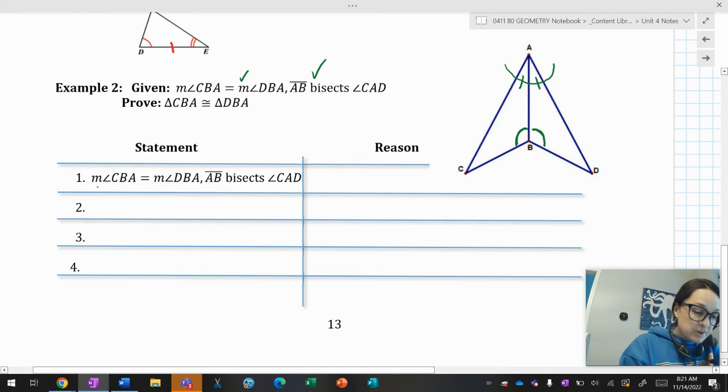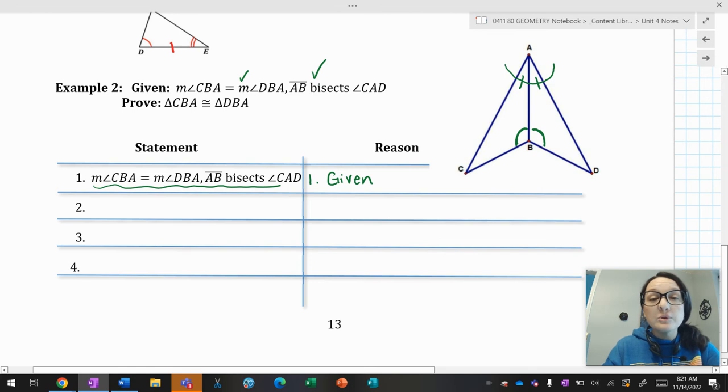Okay. So statement number one, we've rewritten the givens, and reason number one is always going to be given. Then, whenever you're doing a proof, the next thing you really want to do is re-look at your givens to see if they lead to more congruence information. It does, because my givens use the word bisect, and bisectors create equal parts.